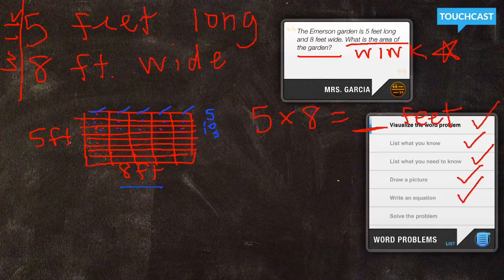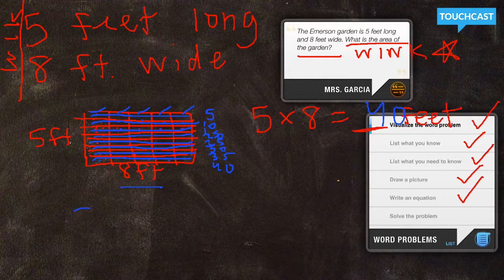So we have 5, 10, 15, 20, 25, 30, 35, 40. Because that's just a shortcut. So the total area is 40 feet then.